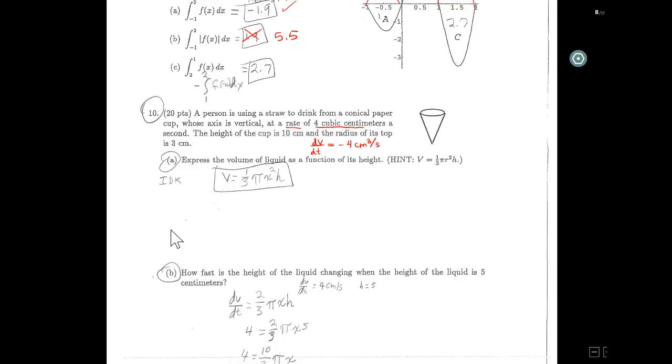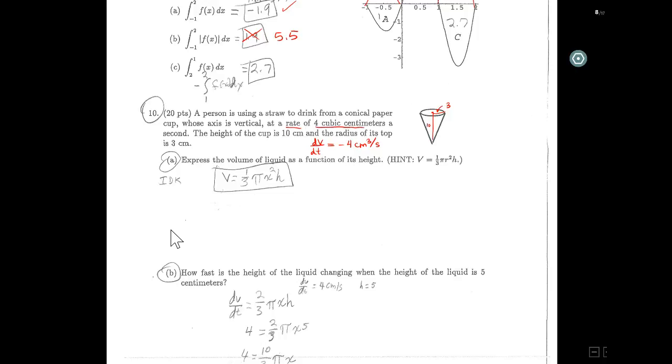The height of the cup is 10, and the radius at the top is 3. Express the volume of the liquid as a function of its height. The problem we have here is too many variables. We have the radius and the height, and we only want the height.